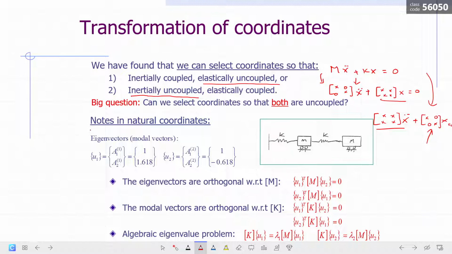But now a big question is posed: can we select coordinates so that both are uncoupled, which means you can transform in a certain way such that you have a diagonal matrix as a factor of h double dot.